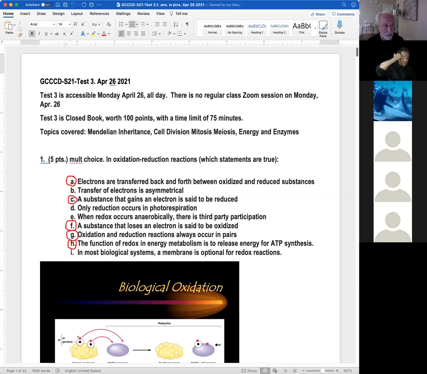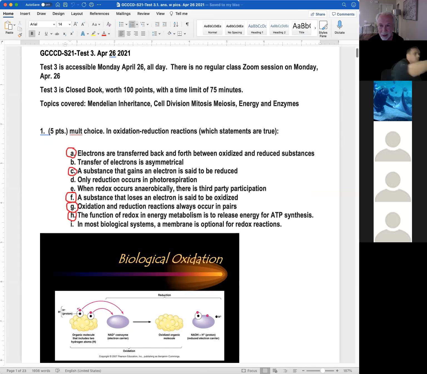It says test 3, closed book, starting with number 1. Everybody see that? Yes. Okay.